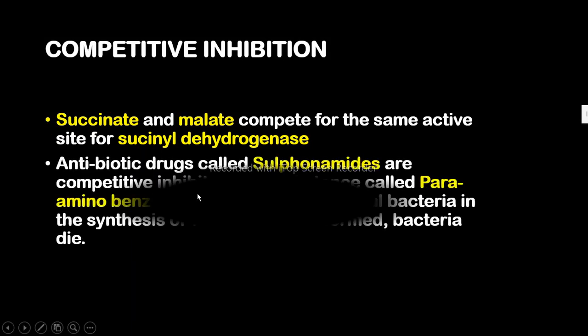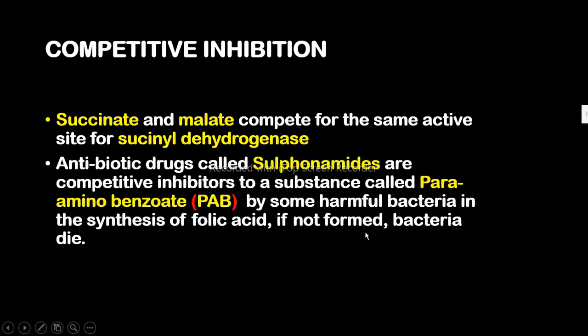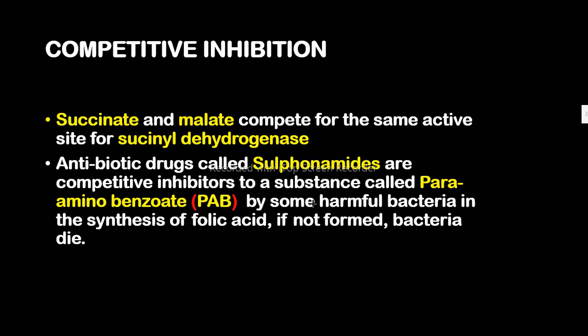Another example is here. We have an antibiotic called sulfonamide. It is a competitive inhibitor for another substance called PABA, para-aminobenzoate. This PABA is a natural substance that is needed by bacteria to produce folic acid.